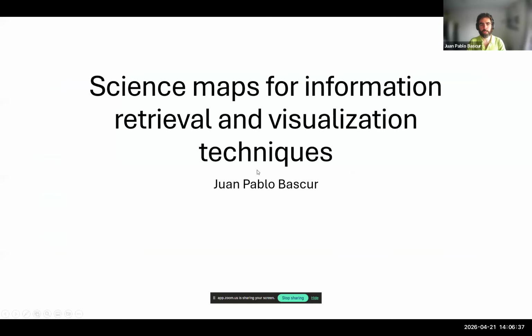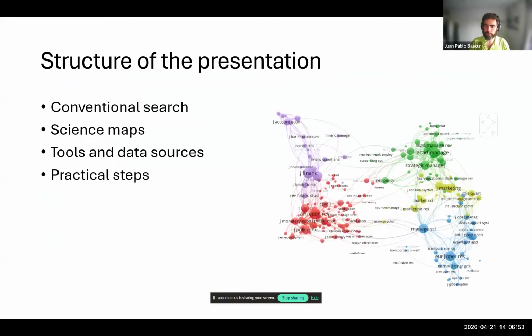Today I will present my research topic, science maps for information retrieval. I will also talk about visualization techniques and how to create your own maps. The presentation will first touch on the conventional search techniques that people use, because I want to set the ground for why science maps are useful for information retrieval.